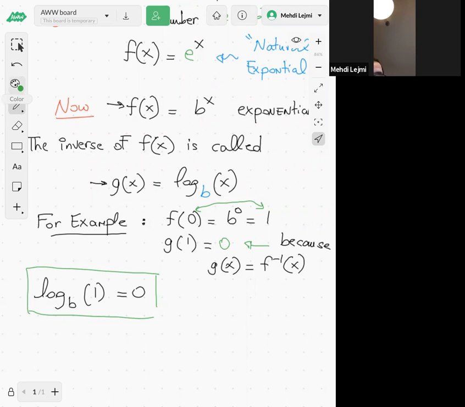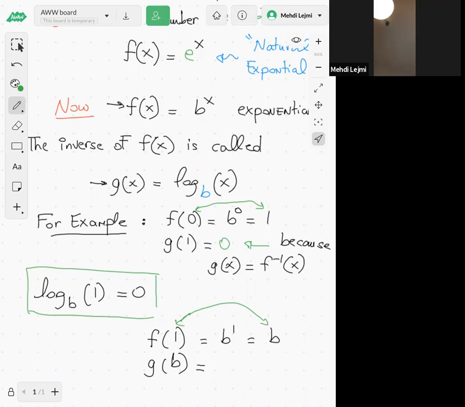Now, another special value of log. For the exponential, we said f of 1 is equal to b to the power 1, right? The exponential. So that's equal to b. Now, what will be g of b? Because g is supposed to be the inverse of f, what we do is interchange the output with the input.